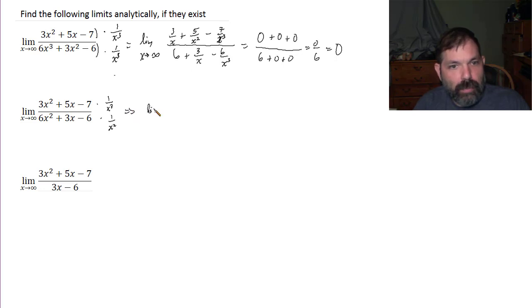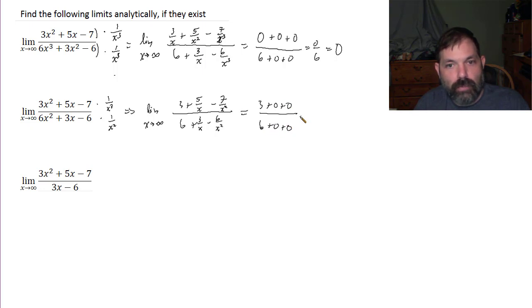And then this gives me the limit with x approaching infinity of 3 plus 5 over x minus 7 over x squared, over 6 plus 3 over x minus 6 over x squared. Applying the limit at infinity, that gives me 3 plus 0 over 6 plus 0 plus 0, 3 over 6, 1/2.